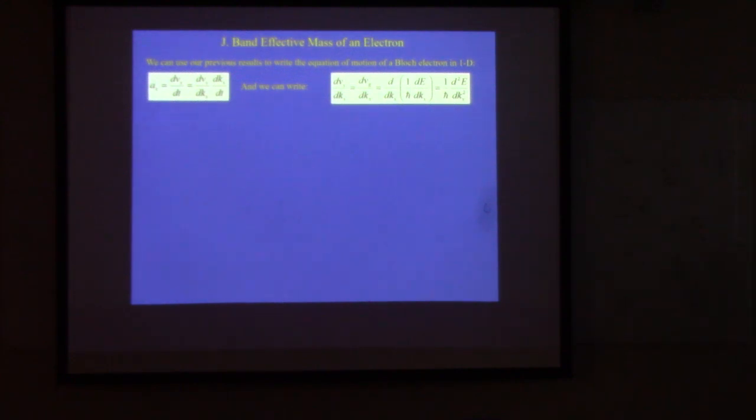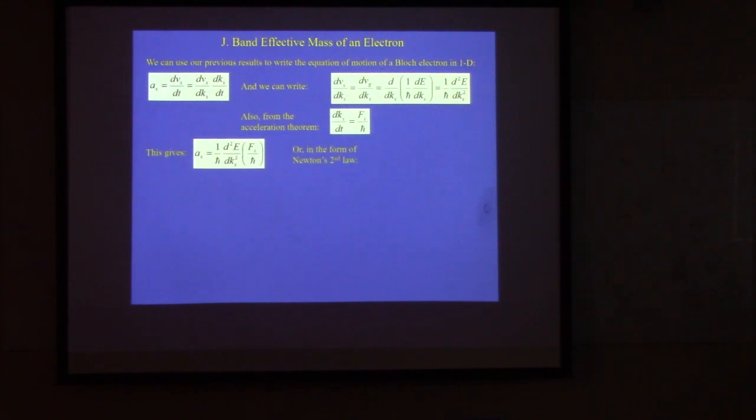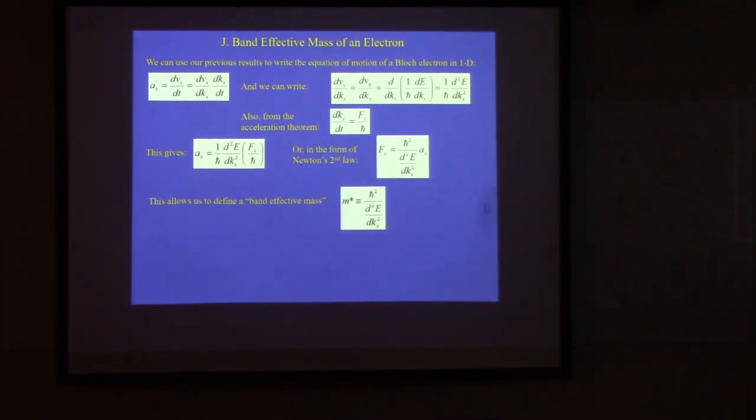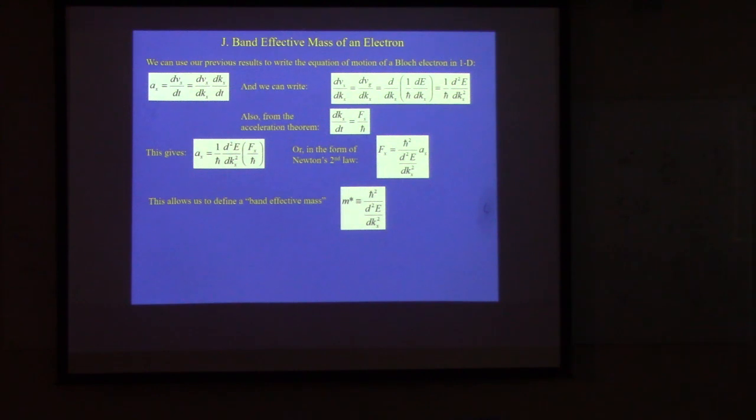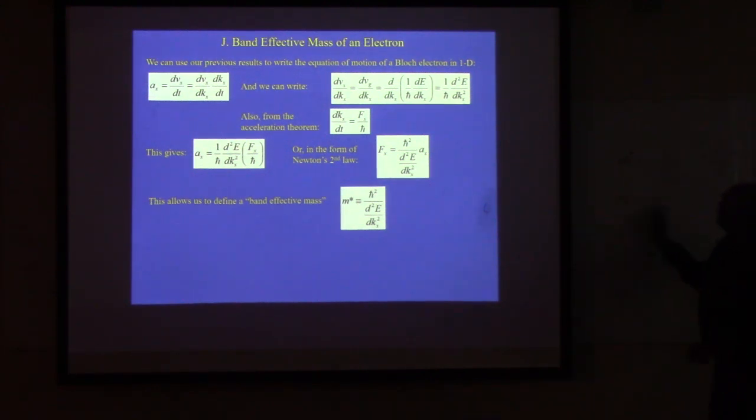Now we can define our band mass or effective mass, usually we call this one m star. Sometimes it's easier to write it this way, right?